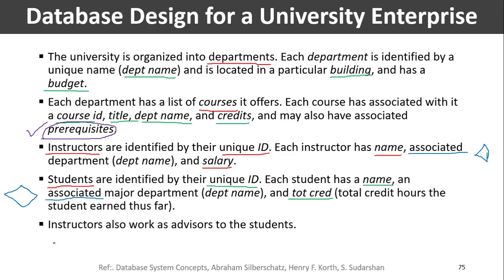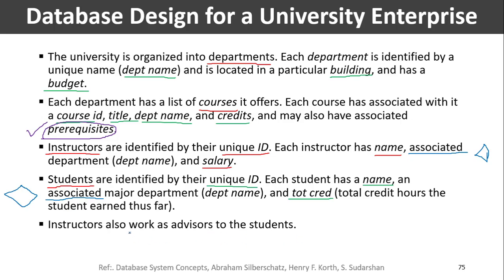Okay, further, instructors also work as advisors to the students. So now here instructor we have identified as an entity set, student we have identified as an entity set, and now it is mentioned that instructors work as advisors to the students.